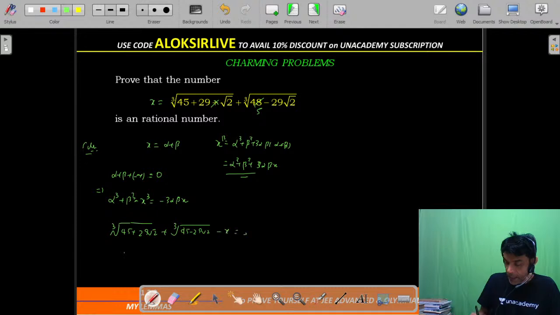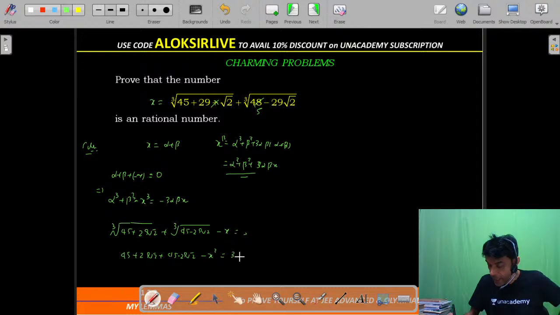So I can write the sum of their cubes, 45 plus 29 root 2 plus 45 minus 29 root 2 minus x cubed, is 3 times their product. So cube root of 45 minus 29 root 2 and 45 plus 29 root 2, times minus x.